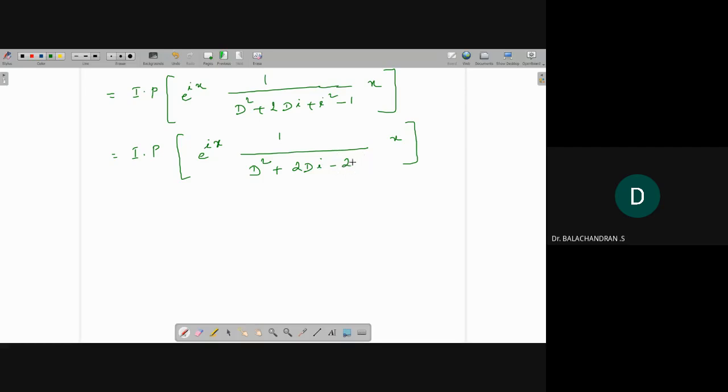Suppose if I don't have a constant, so just I have D square plus 2Di, then I should take 2Di commonly. If I don't have 2Di and I don't have minus 2, then I have only D square, and then you should integrate twice.